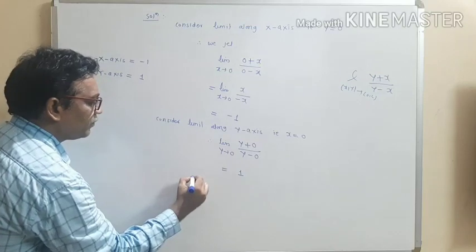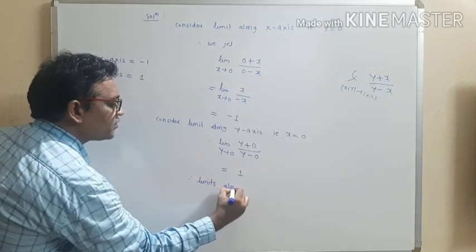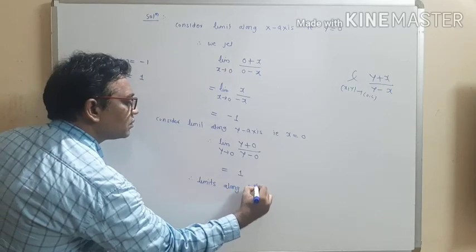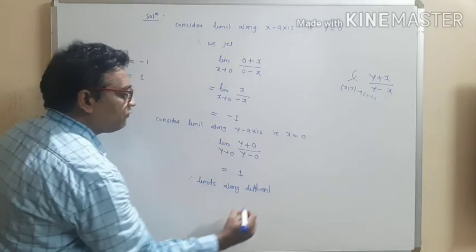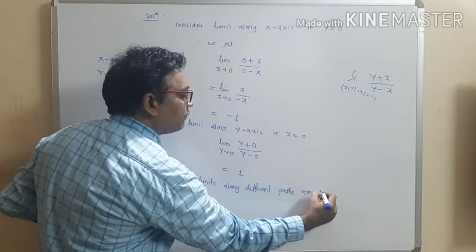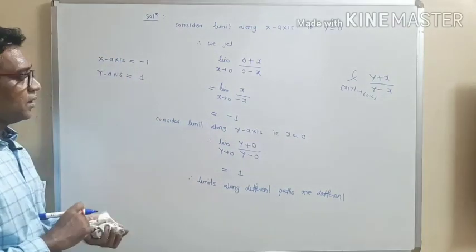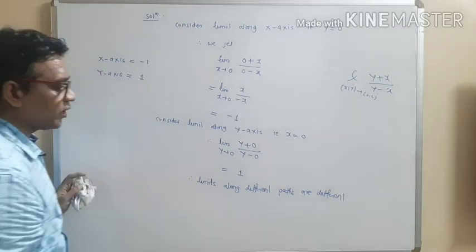So write down, therefore, limits along different paths are different. So if the limits are different, it is said that the limit does not exist.